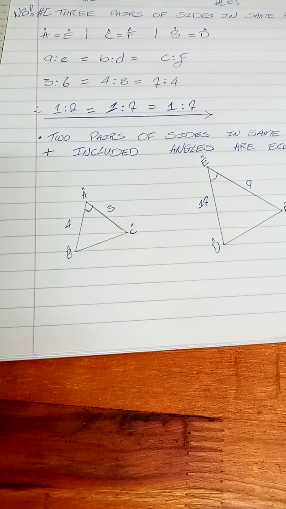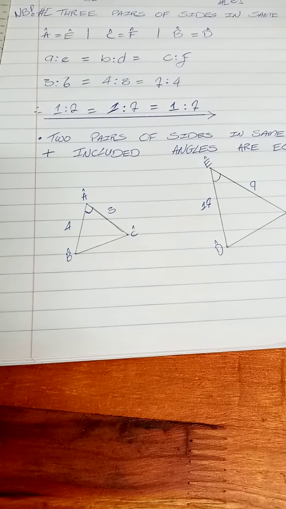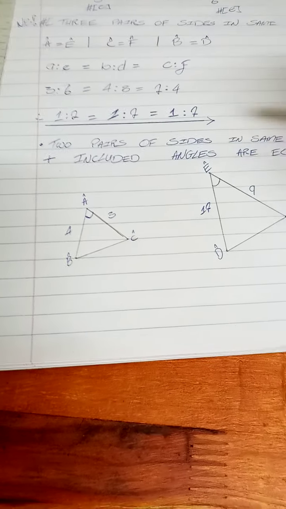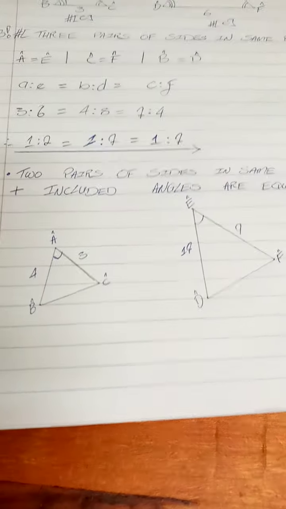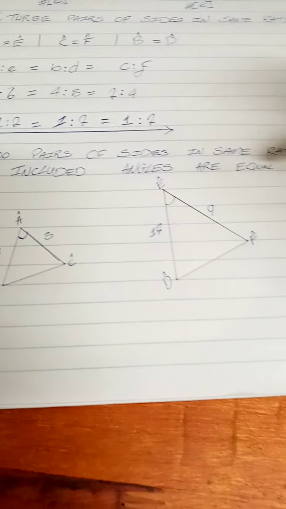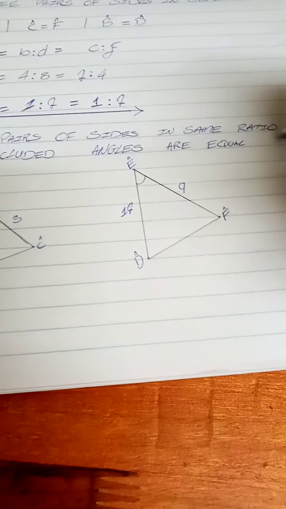Now we are looking at a different example of similarity, similar triangles. So basically, this one right here of similar triangles includes two pairs of sides in the same ratio.